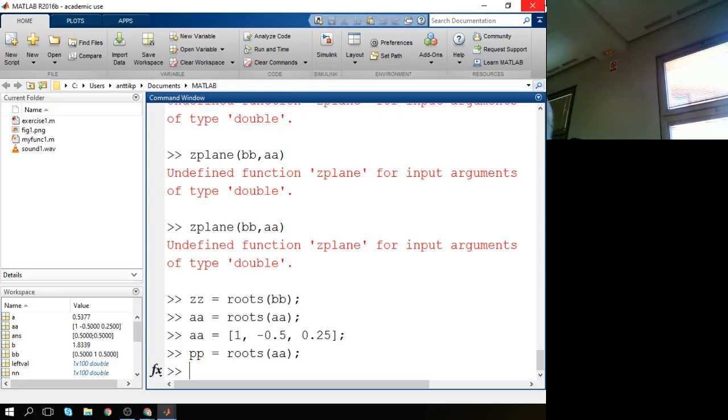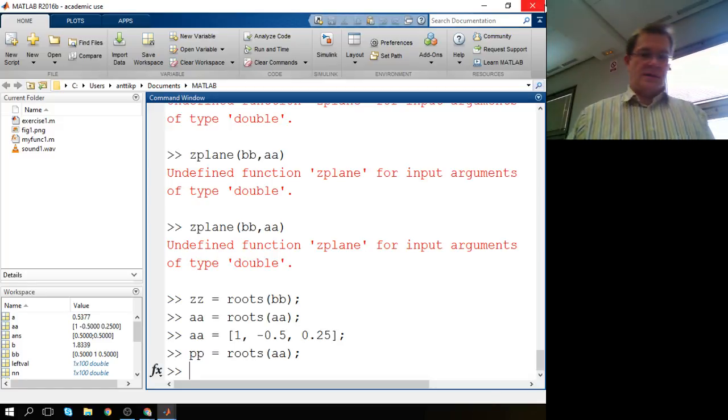Did everyone get the z-plane working? Good. You know that it looks like that. Okay, I'm not going to fix it today. I have my own written function for the z-plane somewhere, but it takes about 5 minutes to make the plotting routine look nice. Anyway, you have the routine there. I have a feeling that this MATLAB license I'm using has not been updated for a while.